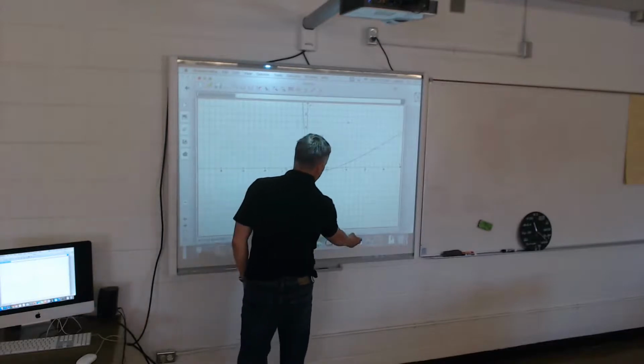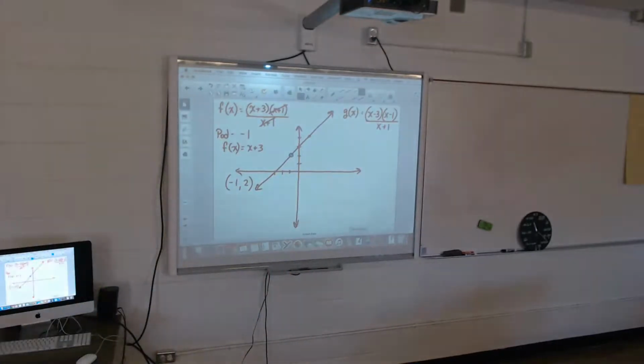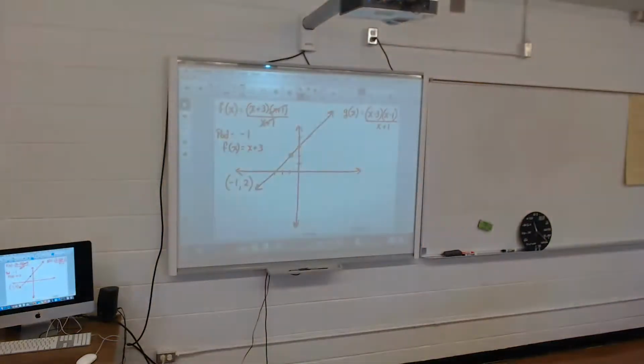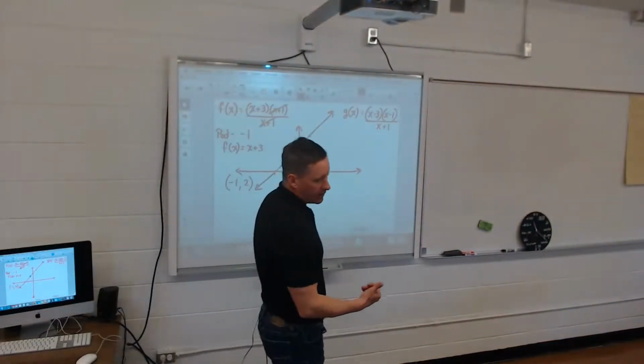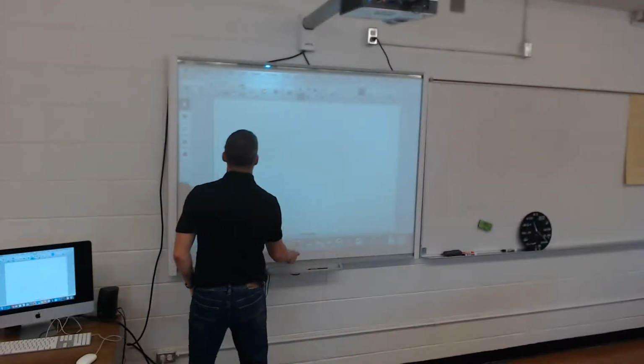Okay, so the last one, example 3, is point of discontinuity and 2 asymptotes. So let's have a look at it. Let's go through the whole process again. So the first thing I do is I factor out my equation.